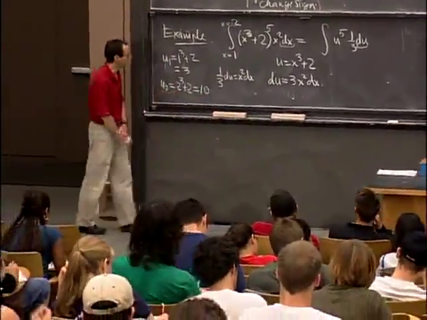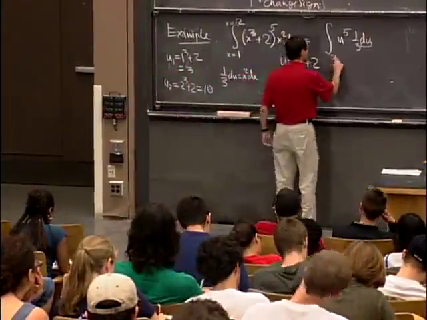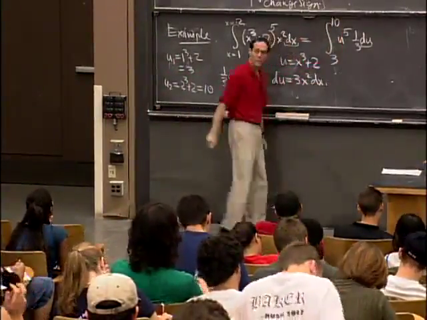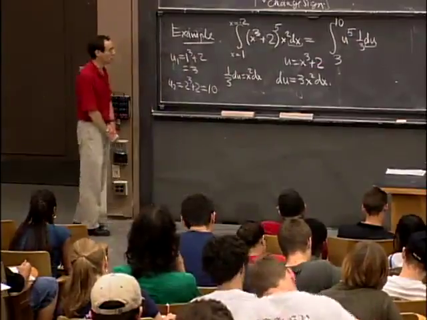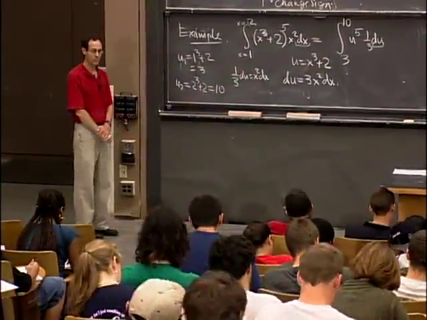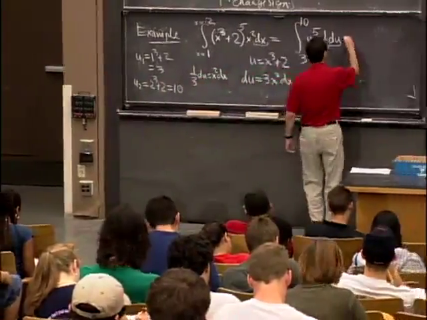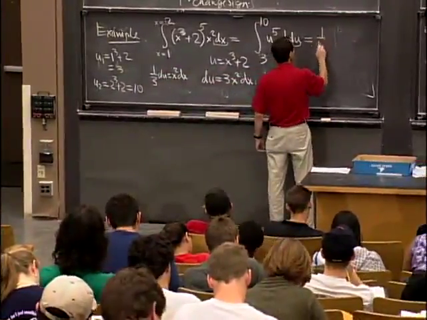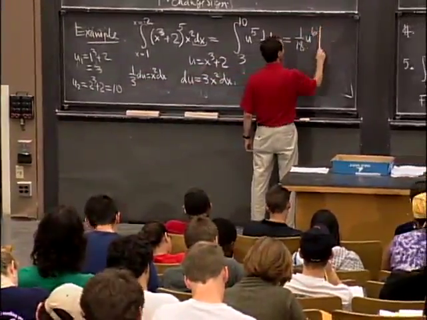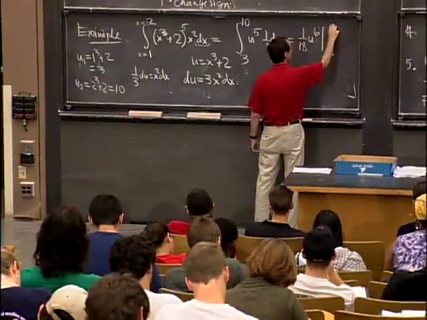Right? 8 plus 2 is 10. So this is the integral from 3 to 10 of u to the 5th times 1/3 du. And now I can finish the problem. This is 1/18 u to the 6th power from 3 to 10.